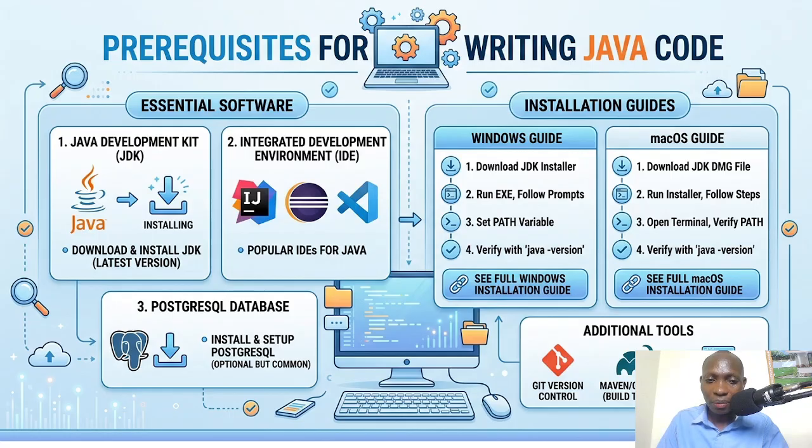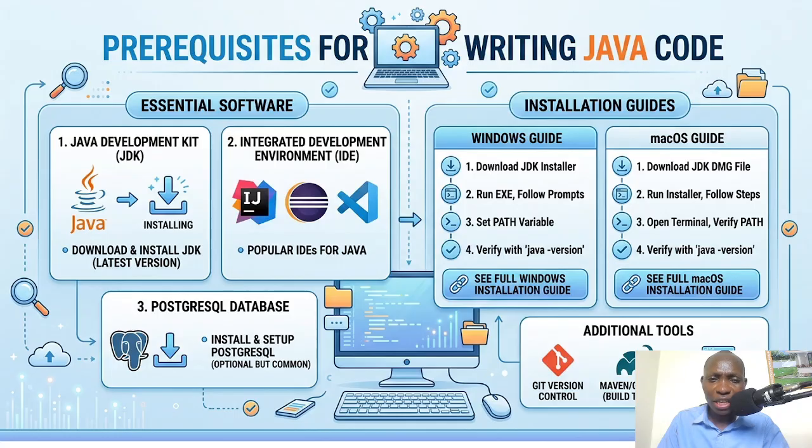and GitHub. I usually recommend that before writing any Java code, it is very good to have a JDK installed on your machine. It is also very good to have an IDE. For the sake of this video, we are going to use the IntelliJ IDE.